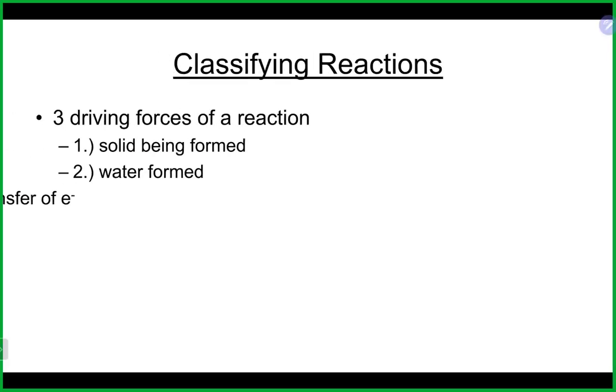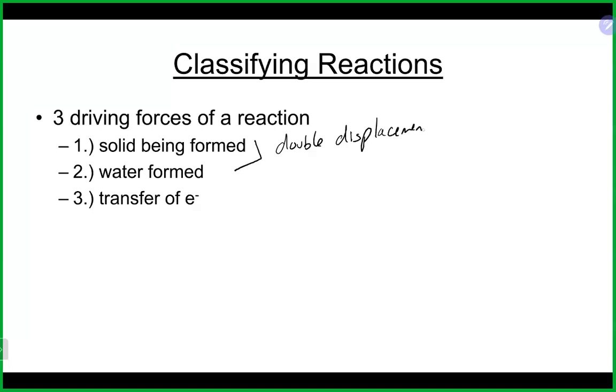So as I mentioned, there really is just 3 reasons why reactions take place. As I mentioned earlier, you can pretty much boil down any reaction, and one of these 3 things are pretty much going to be happening, and that's why it's happening. The solid and water being formed, as I mentioned before, those are the situations that fall under the double displacement reactions.